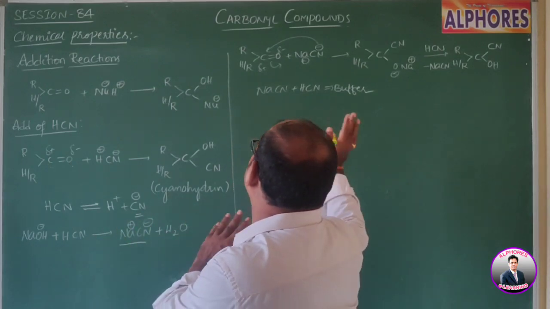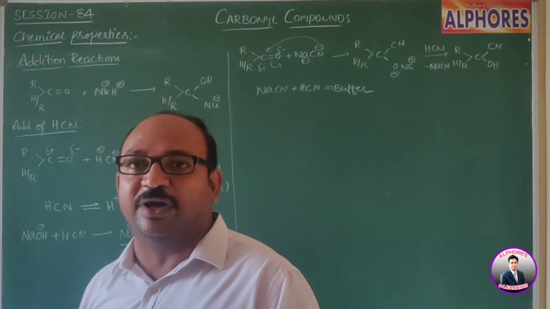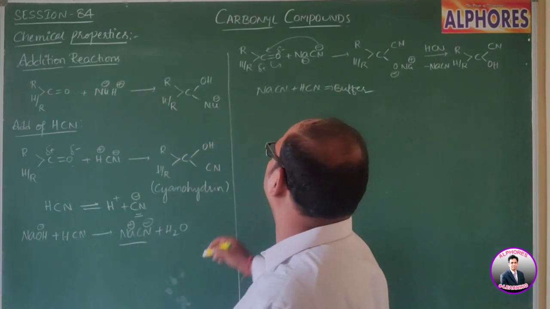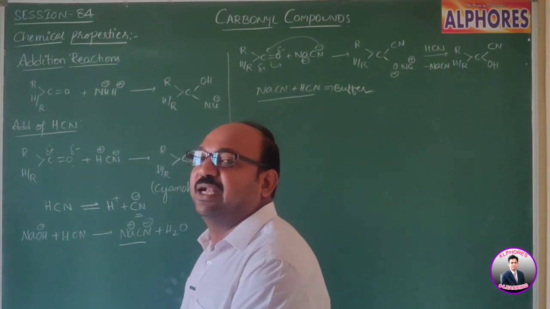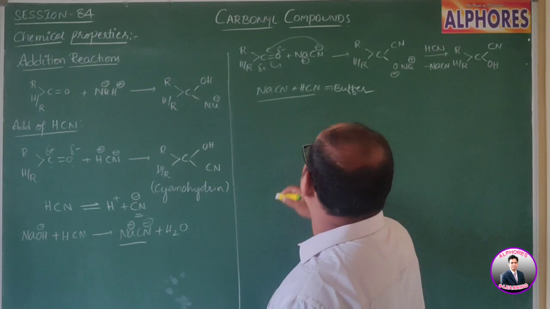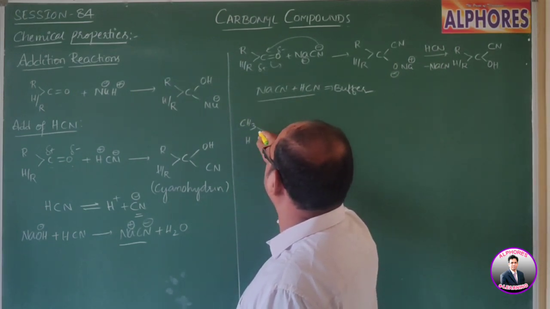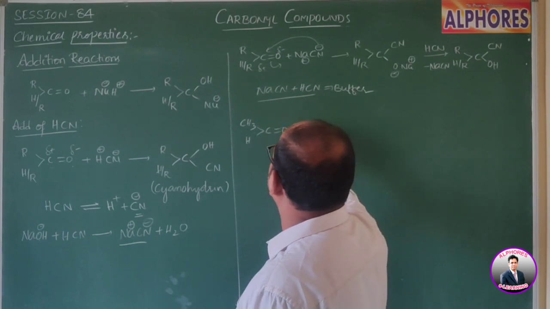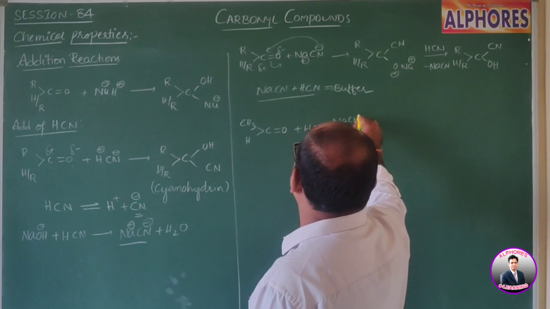So overall, for addition of HCN we need to use a buffer. Which buffer are we using? Acidic buffer. HCN and NaCN means weak acid and its salt with a strong base like sodium hydroxide. Let us assume that here I am going to consider acetaldehyde upon reaction with HCN in presence of NaCN.